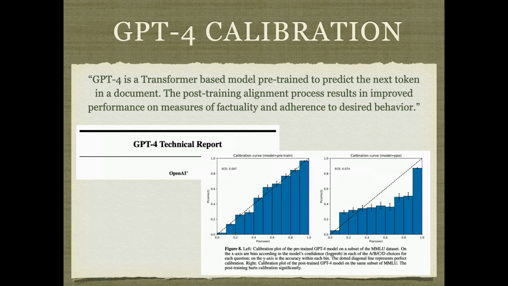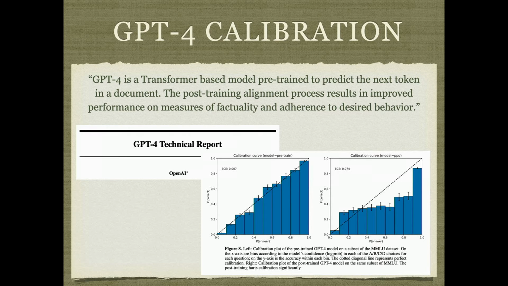And then somewhere in the middle of the report, they have this interesting picture. That's the way in statistics we usually plot whether things are calibrated or not. If it is a line, it means that it's well calibrated. If it is not a line, like here, it means that it's not well calibrated. The left-hand side here is for the pre-trained model. So here we see that the pre-trained model is pretty well calibrated.